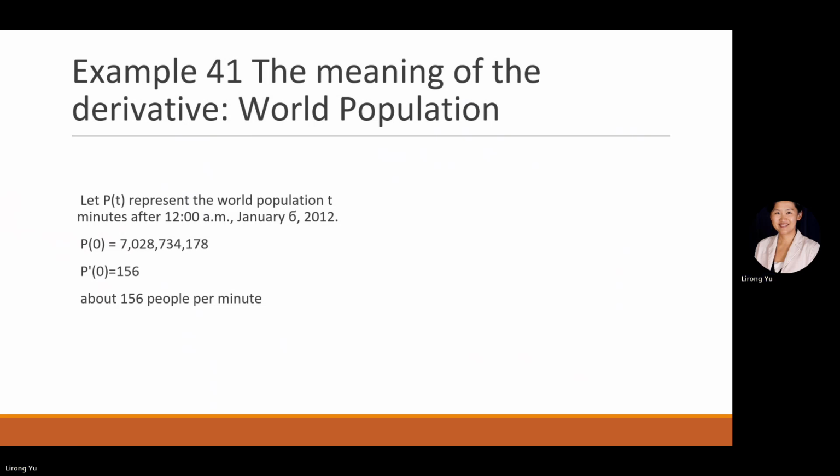That's how we find it. So basically it's about 156 people per minute. Actually, you can even calculate how many people per second. When I was looking at the website, it said 2 people born every second. So this is really the instantaneous rate of change.